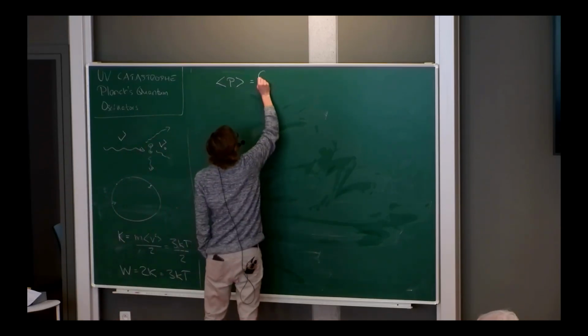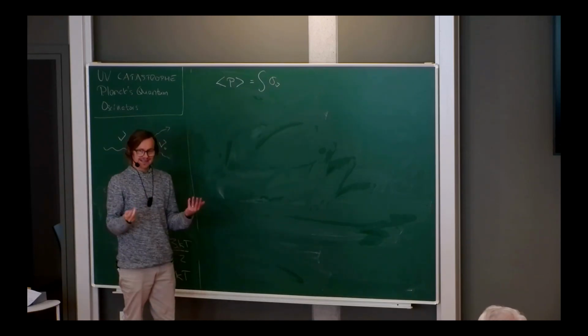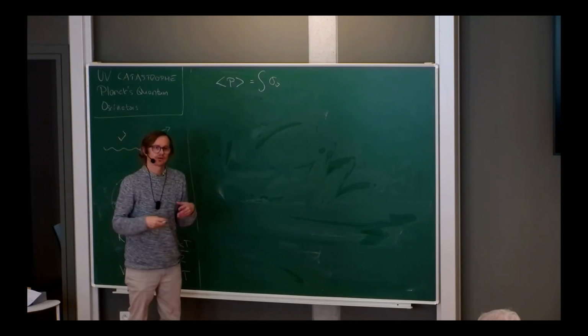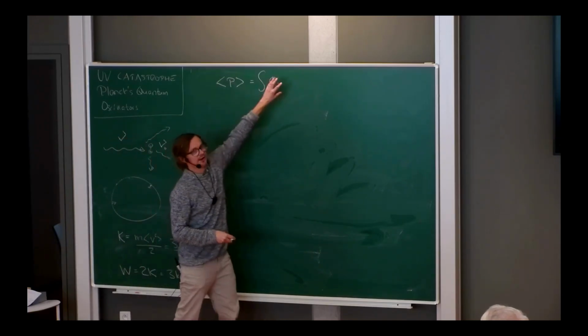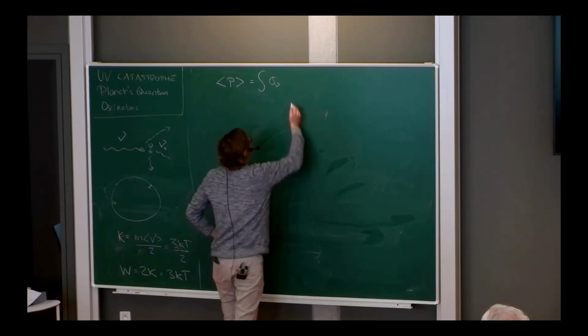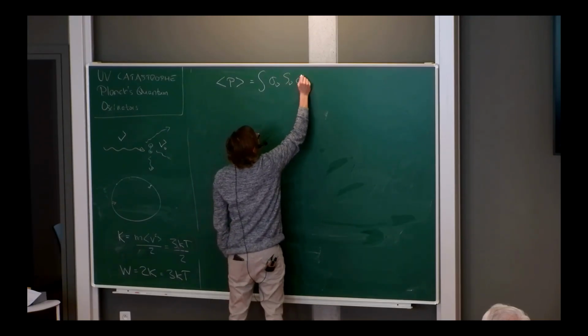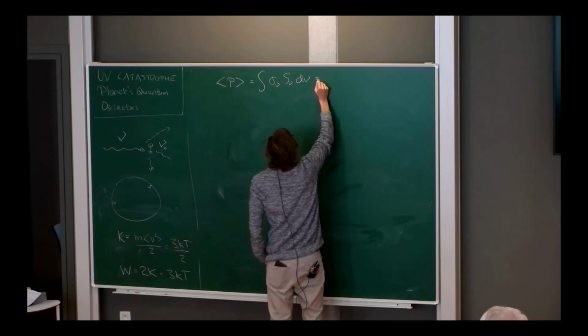And this frequency integrated power, that is the integrated cross-section overall, and then it's the incoming flux. Remember that we had the cross-section as the relation between the emitted power and the incoming flux. So that was the Poynting vector flux, right? And then integrated over all frequencies if we're interested in the frequency dependent.